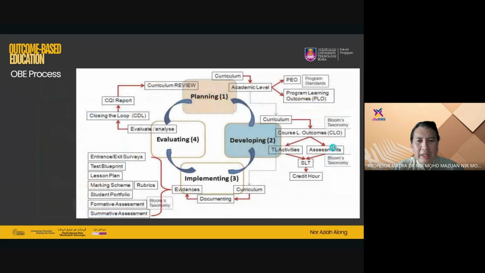I think this is a bit too much for Friday afternoon, but today we have covered planning number one, and a little bit of developing number two. The next session will do more on developing number two, which is more on the assessment and course alignment.